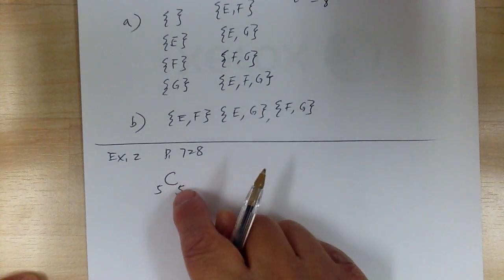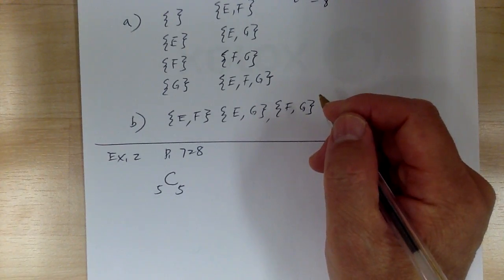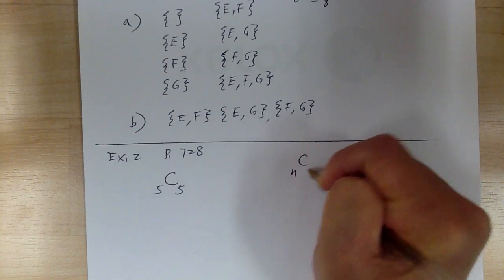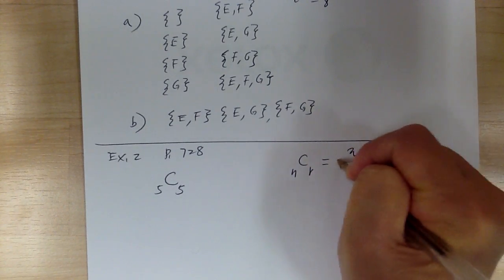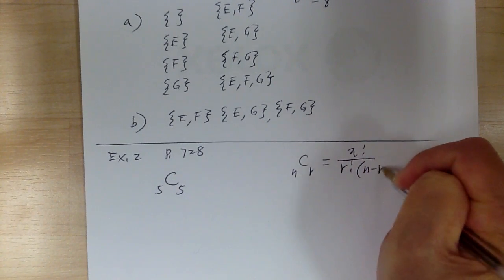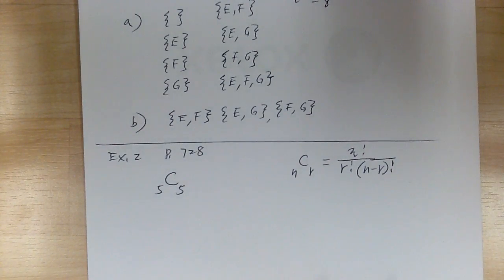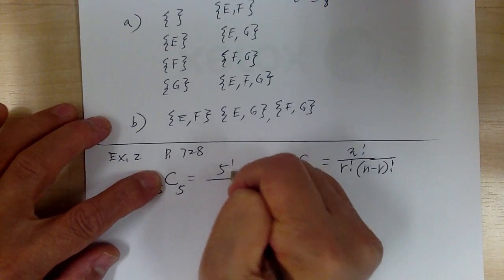Now the way to evaluate these is the formula on page 729. So nCr is equal to n factorial over r factorial times n minus r factorial. In this case, this is going to equal 5 factorial, right?